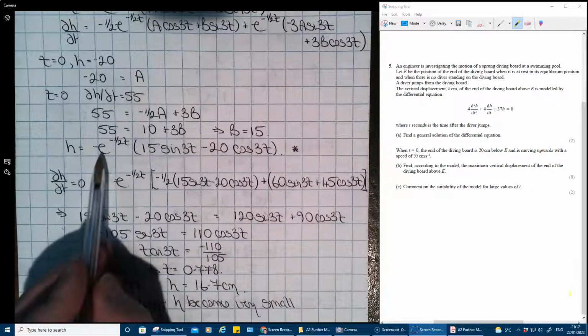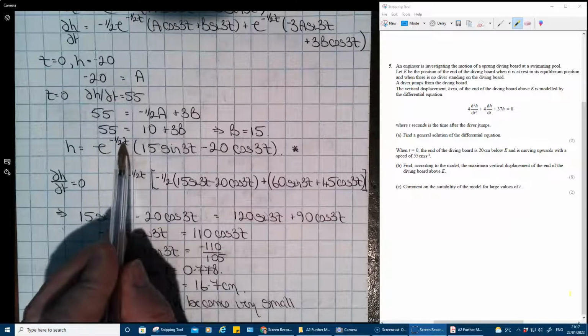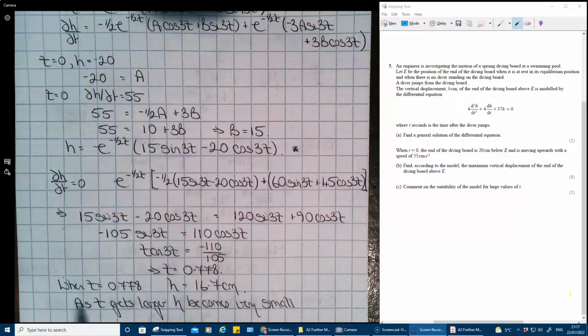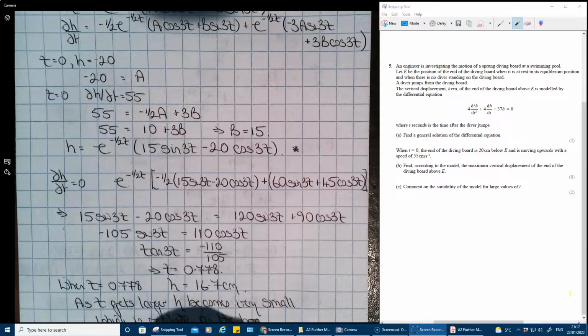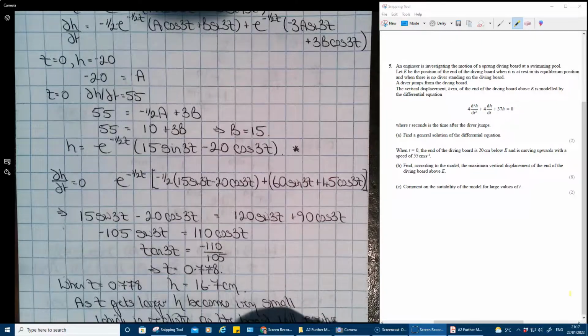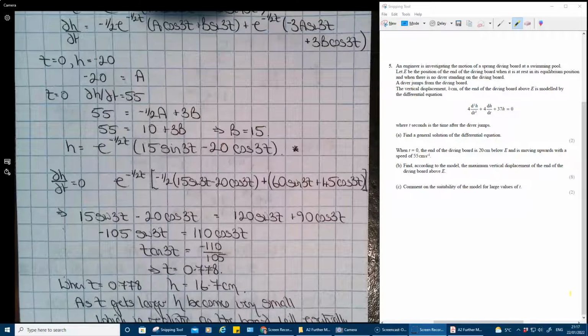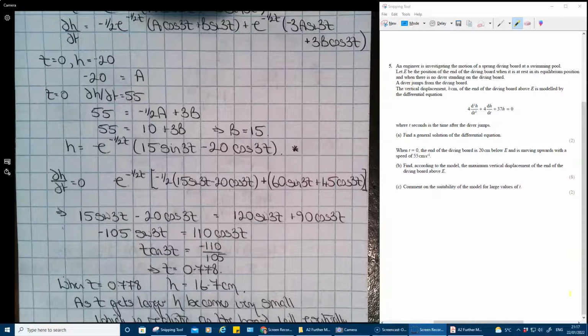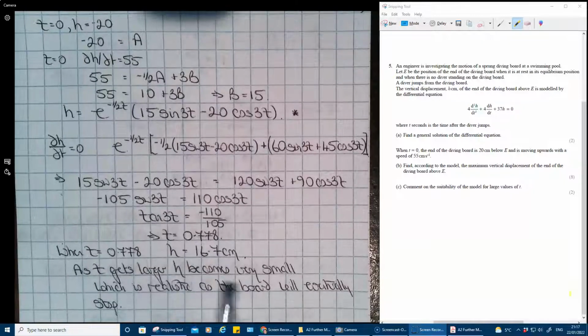It becomes small because this is e to the minus a large number, so you're dividing by a very large number, which I think is realistic, as the board will eventually stop. Okay.